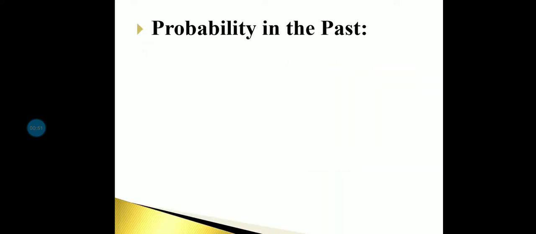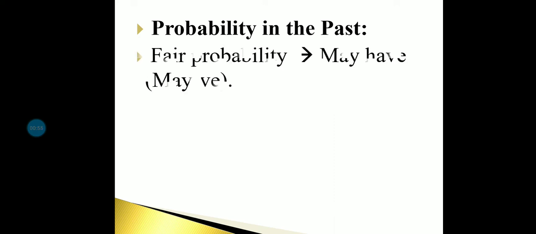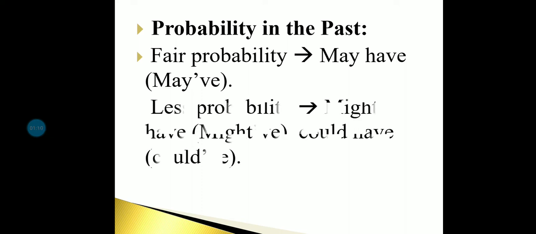Now, there are two kinds of probability in the past. The first one is what we call fair probability. To express this, you can use may have, or may've. So may have can be contracted into may've. The second one is less probability.